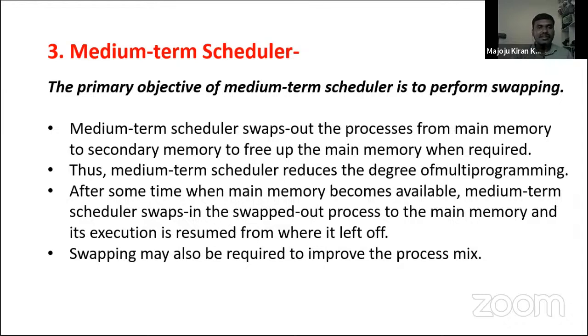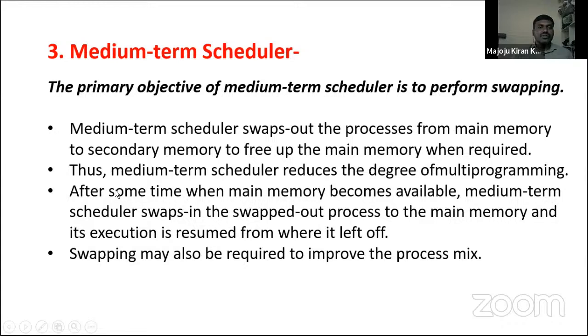Swapping is the major objective of the midterm scheduler. Swapping out is moving one process from the main memory once it has finished its task. The midterm scheduler swaps out the process from the main memory to the secondary memory to free up the main memory when it is required.